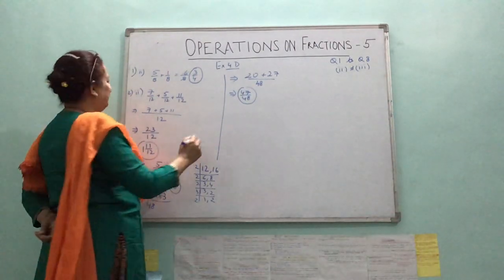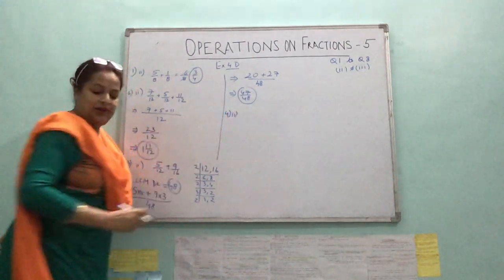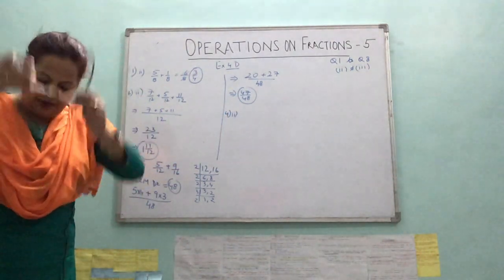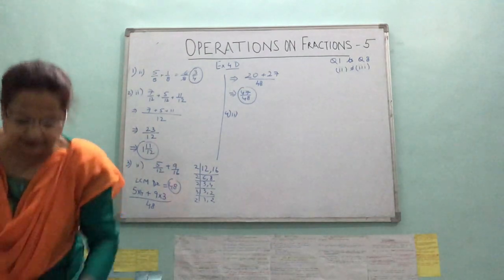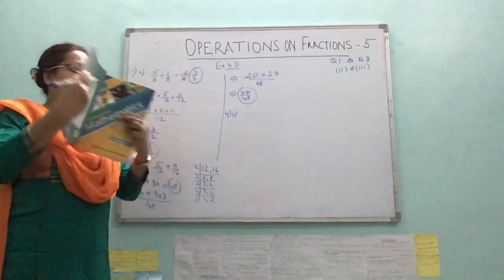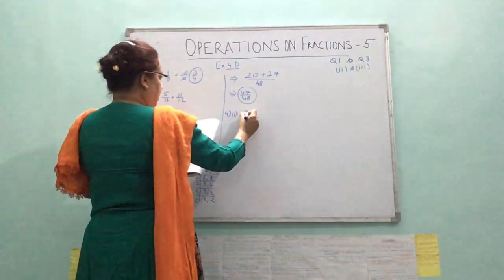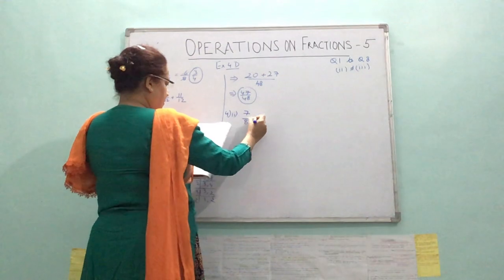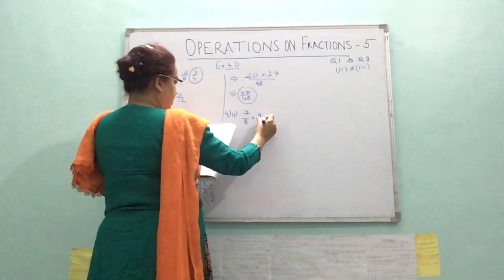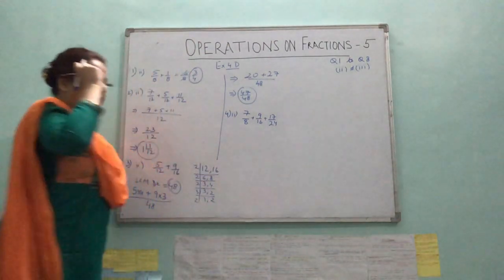Right, children? Okay? Now question number 4, again second part. 7 upon 8 plus 9 by 16 plus 17 by 24.